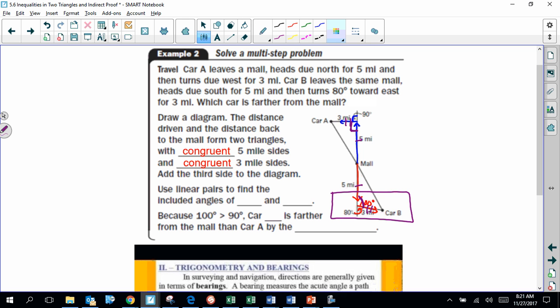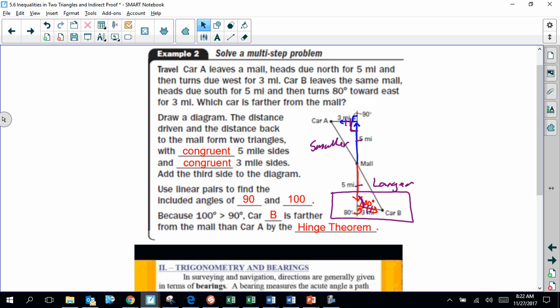That means the 100-degree angle down here at the bottom has to be larger than this one, because the Hinge theorem says the longest side will be across from the largest angle. So that means car B has to be further away from the mall than car A was.